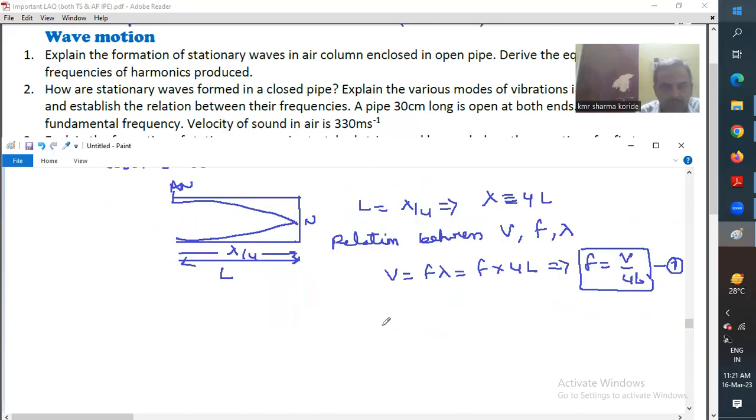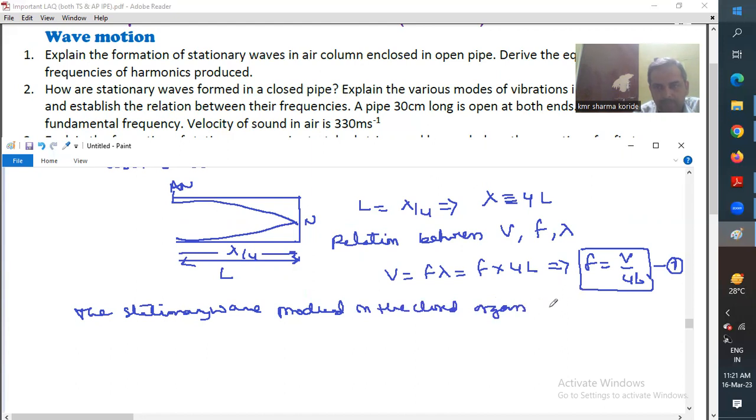Now the stationary waves produced in the closed organ pipe with two antinodes and two nodes.